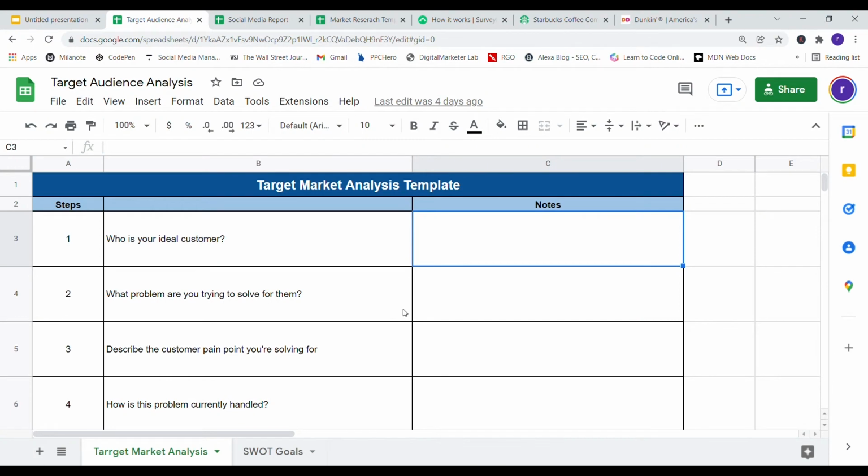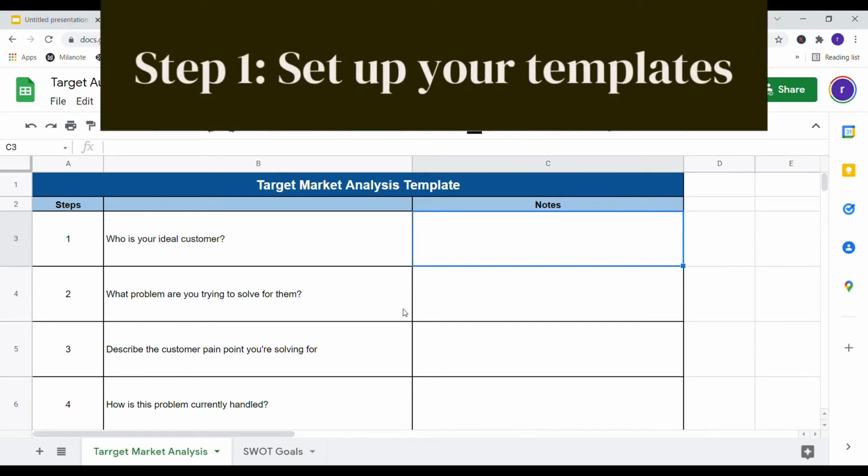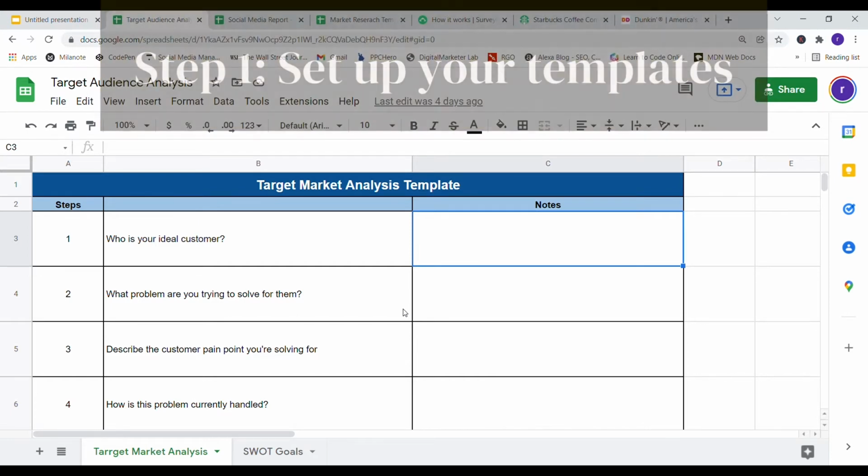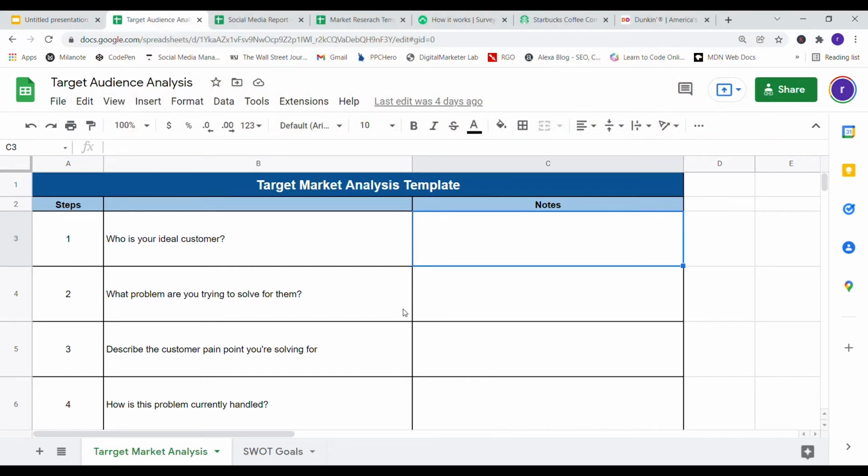So I wanted to start off with reviewing a couple of templates that could be helpful for a customer interview, which is what you'd want to do if you're trying to get the voice of the customer. So the first is a target audience template.